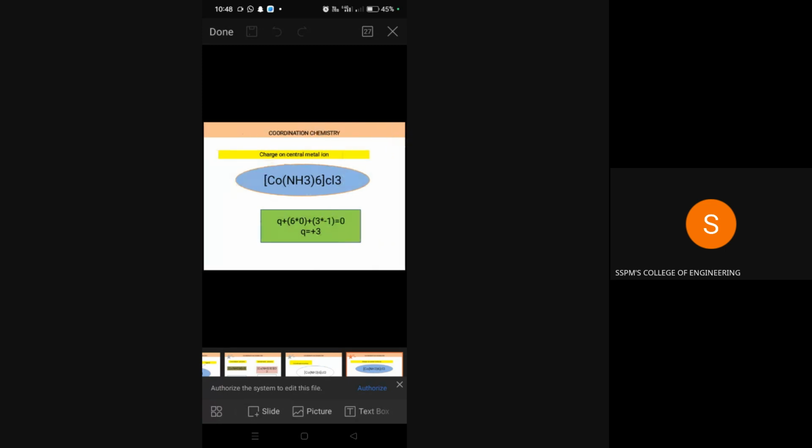So Q - 3 is equal to 0, so the answer is Q is equal to +3. आणि जेव्हा तुम्ही Q वरचा चार्ज ऍक्च्युअल काउंट कराल त्यावेळी तो -3 goes to the right side and it becomes +3. Now explain the terms coordination sphere, ionization sphere, lepticity, coordination number and charge on metal ion.